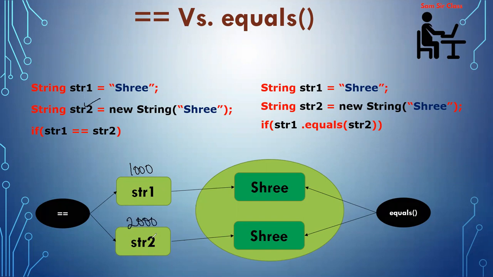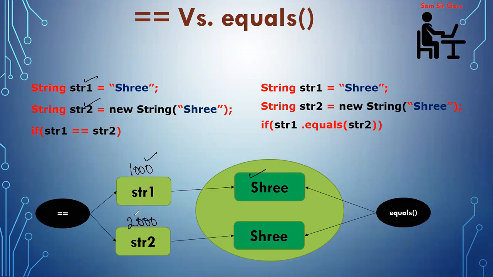In the background, the JVM creates different objects and stores the value 3 in the heap area. Every time you create an object, the JVM will allocate a new reference number or address for every individual object.